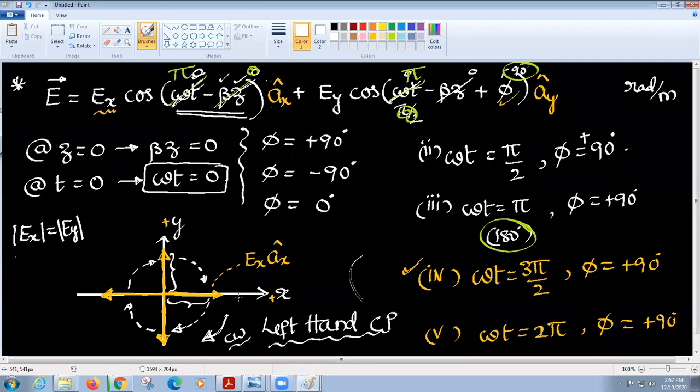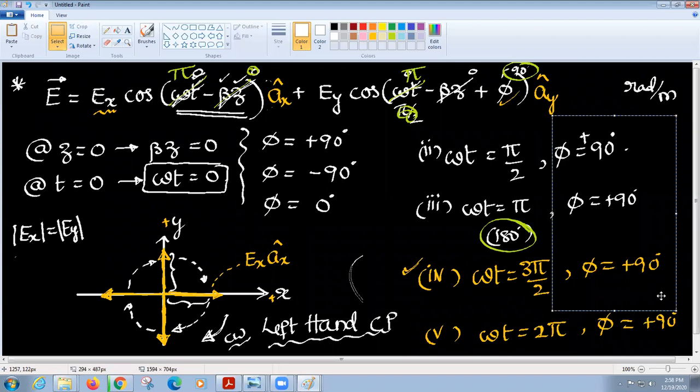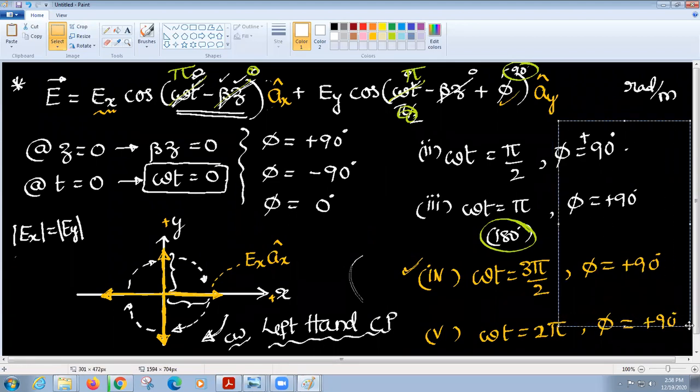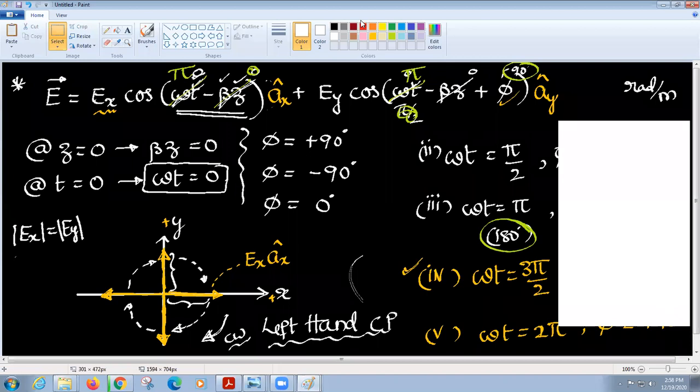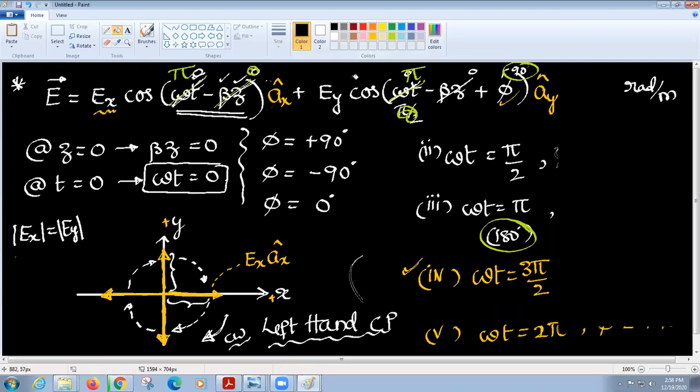Okay. Similarly, you repeat the same process, but just different. Okay. So I remove this now. All right.